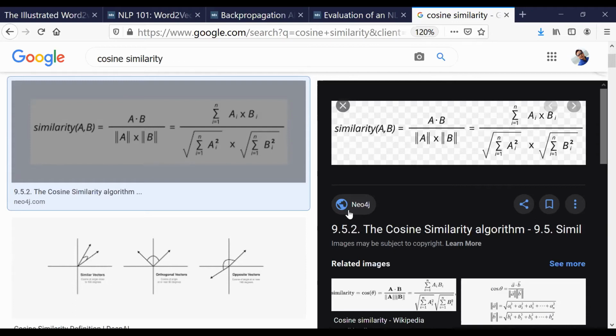So you have to take this times this plus this times this plus this times this. That's the top term. And then you divide by the size of the vector. So that's cosine similarity. Okay? Cosine similarity is something very simple to do. It's like a dot product, but you normalize it on the bottom.